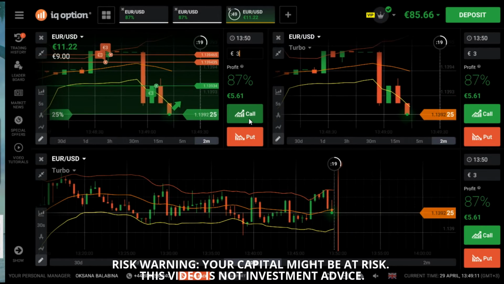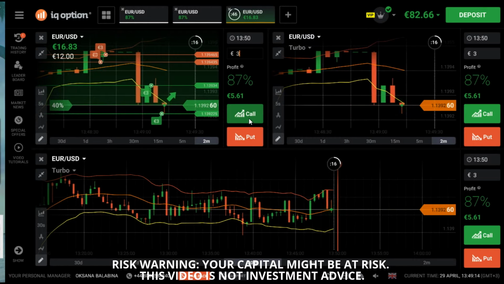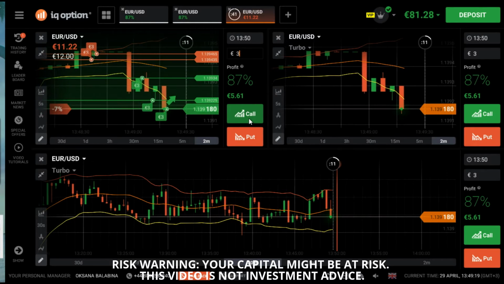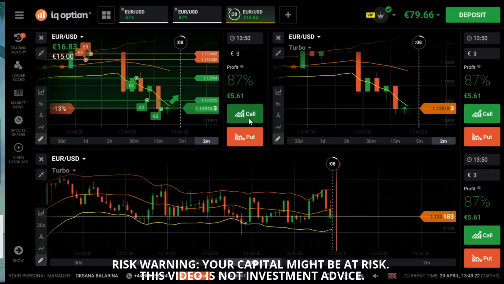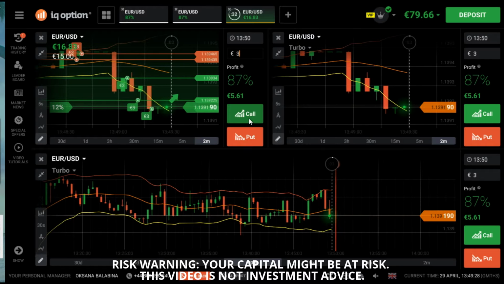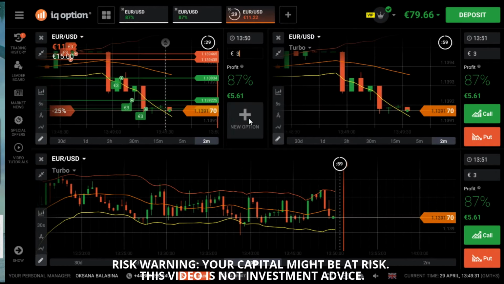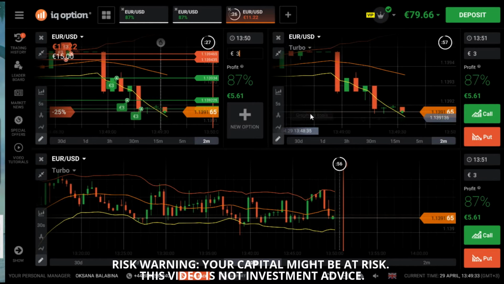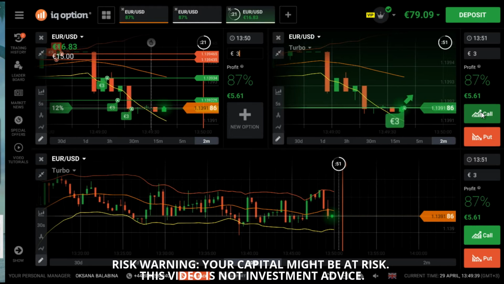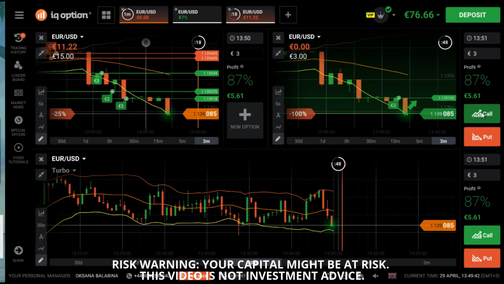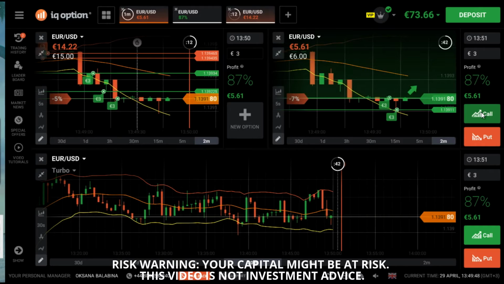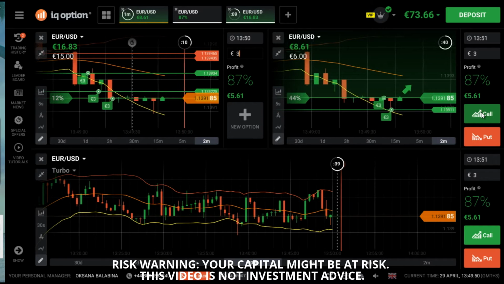Because I sometimes nest several positions for the one option, even as small as €3, each option's trading amount sometimes becomes over 15 or 20 euros. And if I'm using 10 euros per position, then if I nest 10 positions and lose them all, I run out of capital. So that's why I'm using only 3 euros.